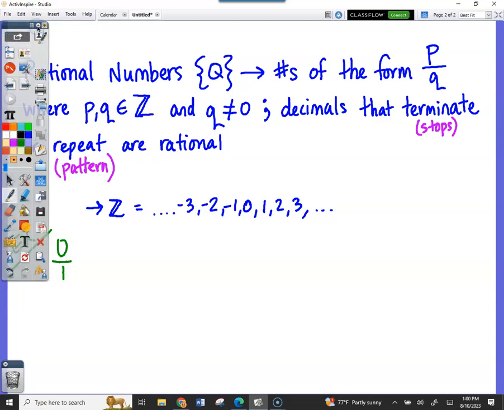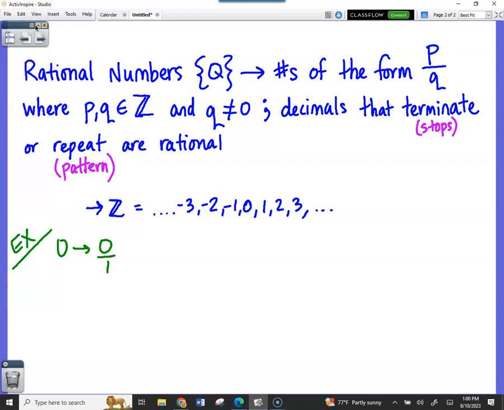Actually, let's write it like this. Let's do the number that I gave you, and then let's rewrite it over 1 so that you can see the thought process. I gave you 0, and then you said, yep, it can be written over 1. Same thing, negative 17. That's rational, because I can just put it over 1. Both of these can be written over 1.